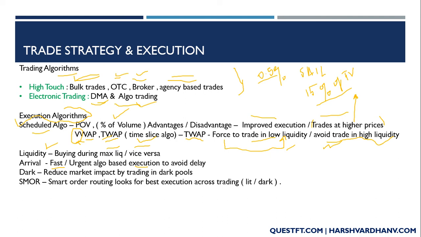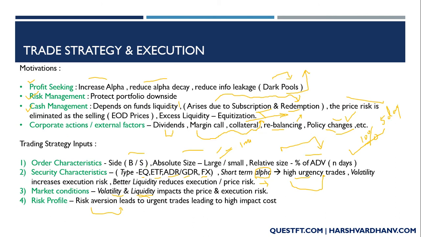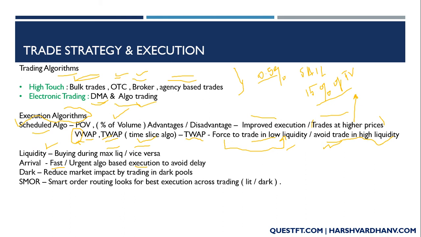Then dark is the discussion that we did on the last slide, the dark pools, wherein the execution happens in multiple locations and in non-transparent exchange platforms, wherein the information is not leaked to the market. And smart order routing is the last option, wherein suppose you want to buy a global asset which is trading in multiple exchanges.